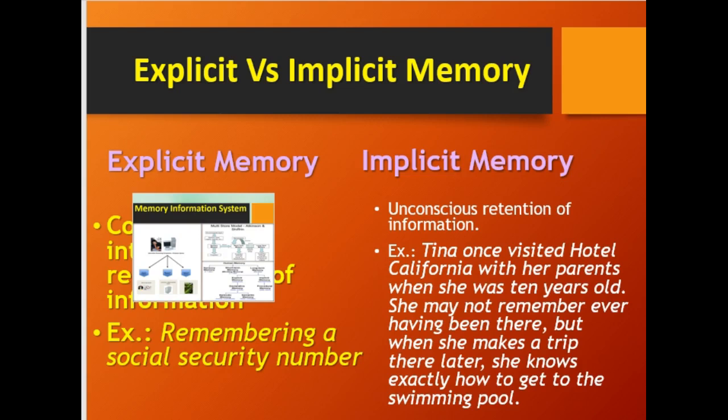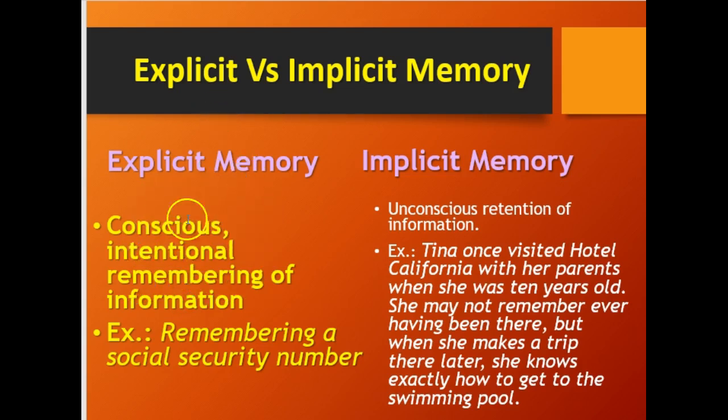Now, let's talk about types of long-term memories. Explicit versus implicit memory. Explicit memory is that type of memory where you have the conscious, intentional remembering of information.